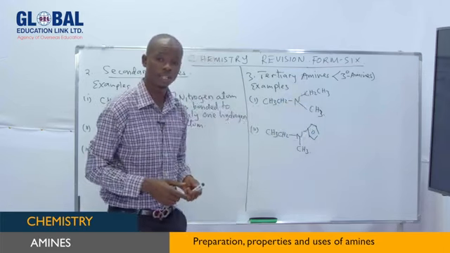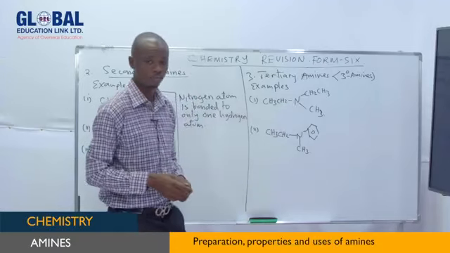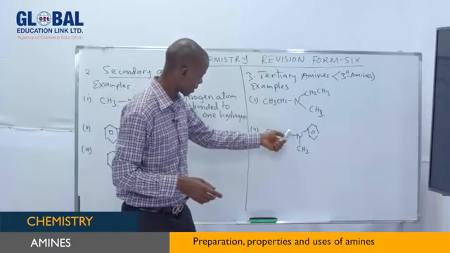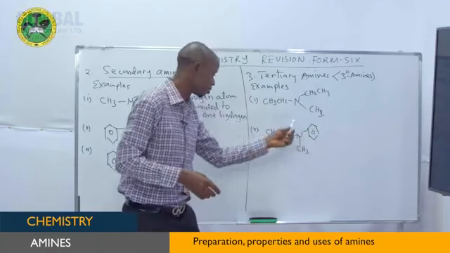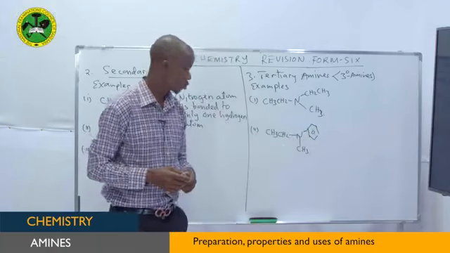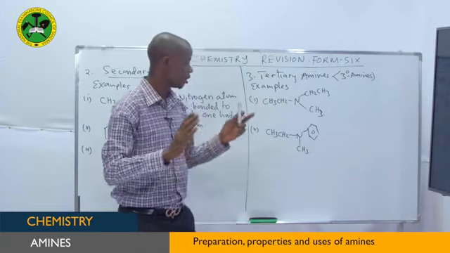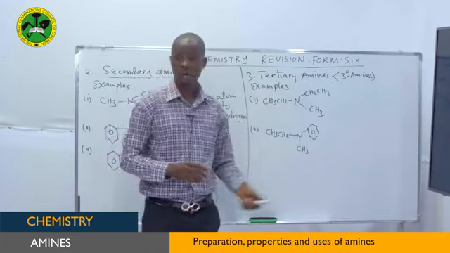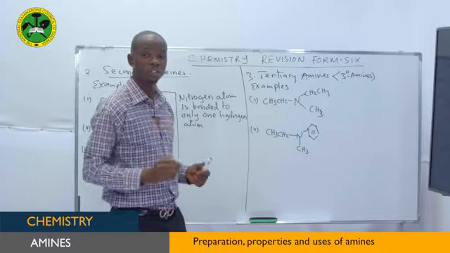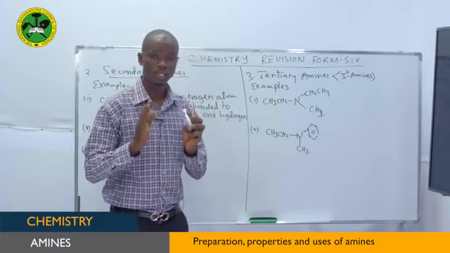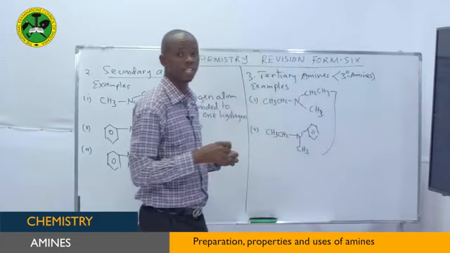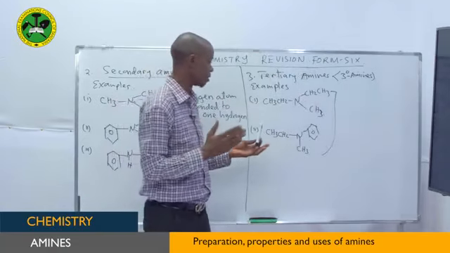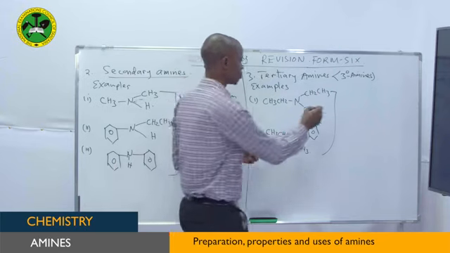Can you see a hydrogen atom there? No, there is no hydrogen atom. Also for this case, one alkyl group, another one, and we have the aryl group. There is no hydrogen atom. So we can say in a general way that for tertiary amines, there is no hydrogen atom bonded to the nitrogen atom. That means all of the hydrogen atoms have been replaced from the nitrogen atom.